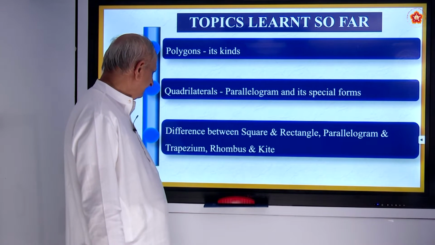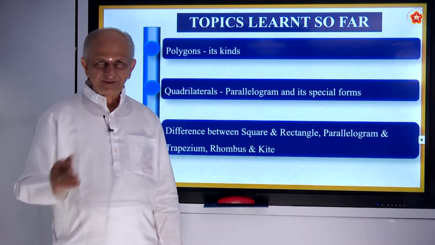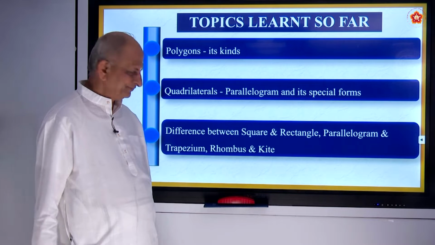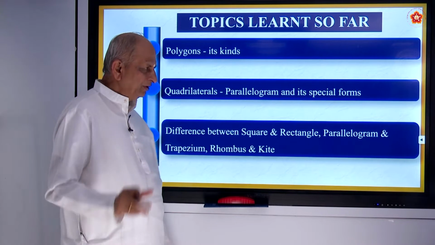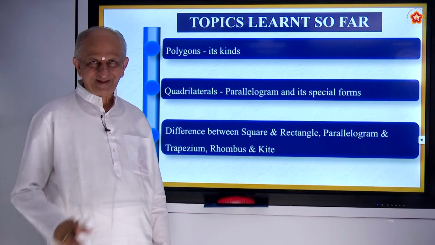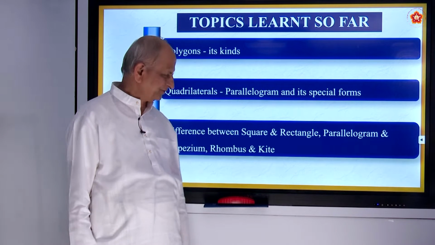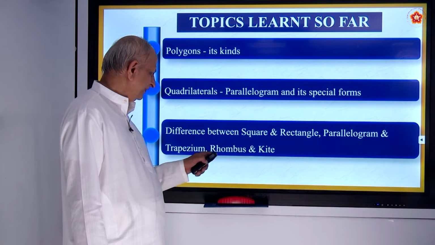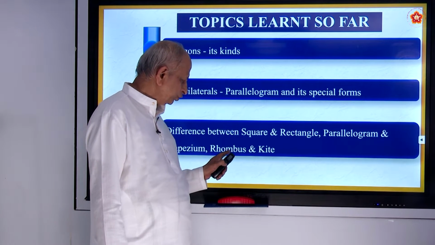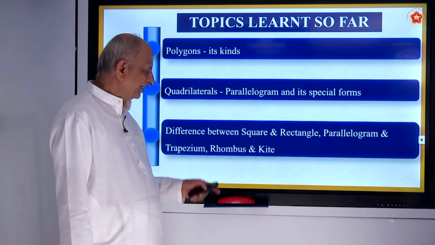And coming to parallelogram and trapezium, in parallelogram 2 pairs of opposite sides are equal and parallel and the diagonals bisect each other. In trapezium, only 1 pair of sides are parallel and the diagonals do not bisect, angles are also not equal, all those things. In rhombus and kite, in rhombus all the sides are equal, the 2 diagonals bisect at right angles, but the 2 diagonals are not equal.